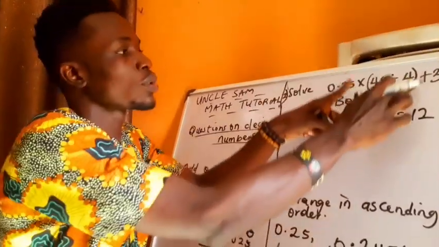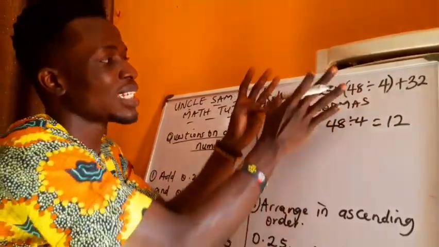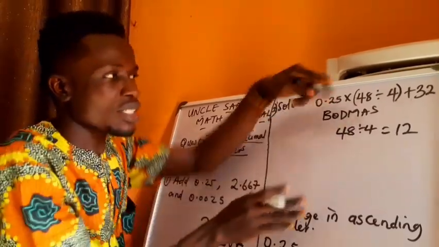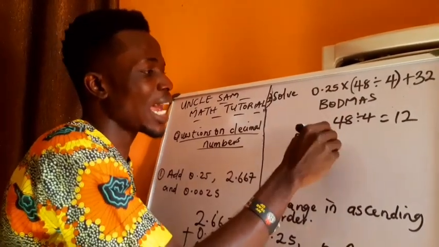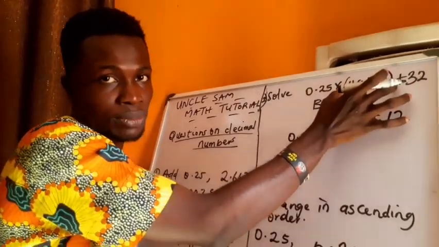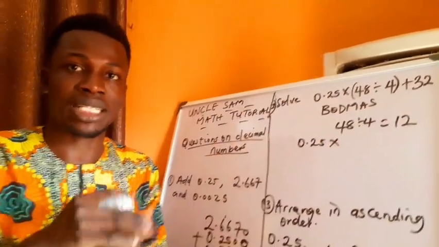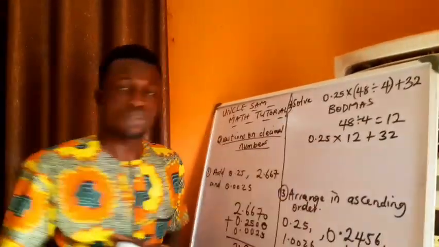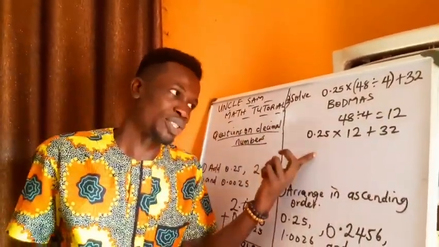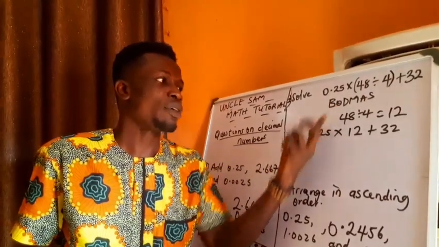So if I rearrange this question, it's going to be 0.25 times 12, plus 32, since the bracket automatically disappears once you're done solving what's inside.